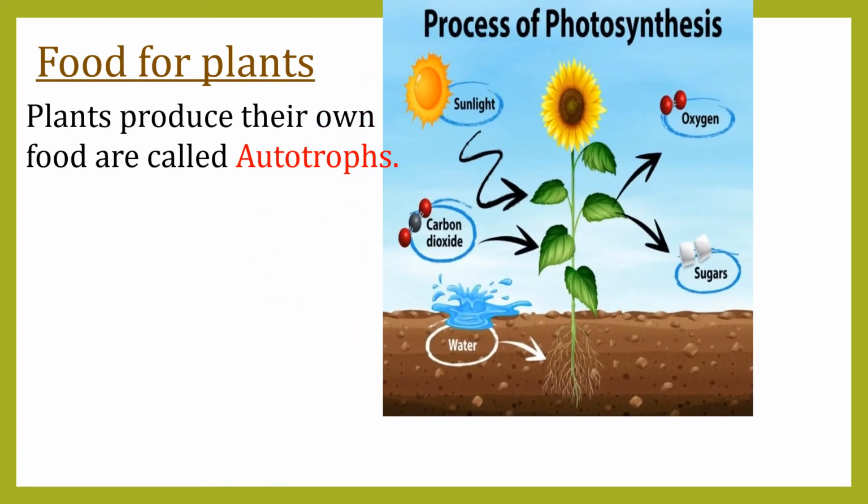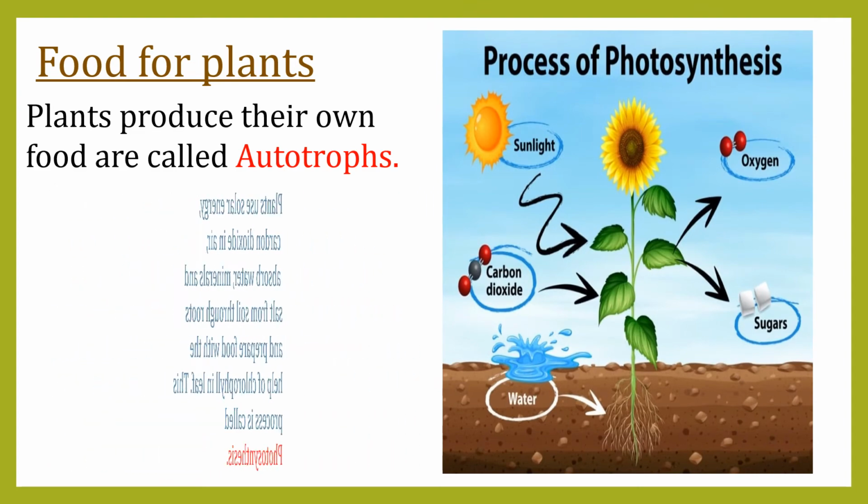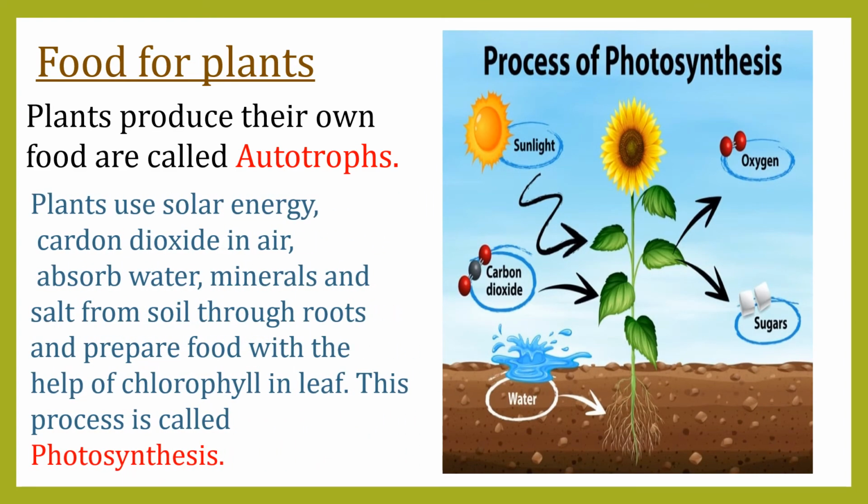Now let us see how plants eat food. Each part of plants does one or the other activity. The plants are called autotrophs. Why? Plants produce their own food, so they are called autotrophs.